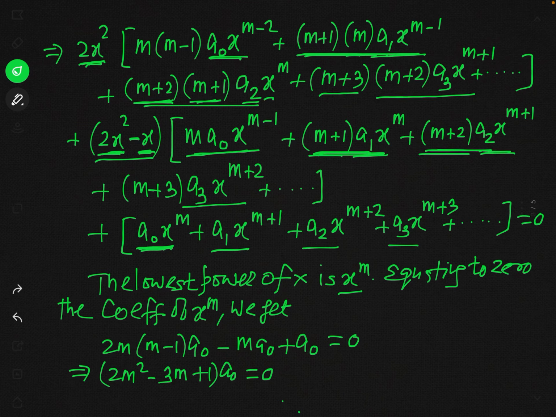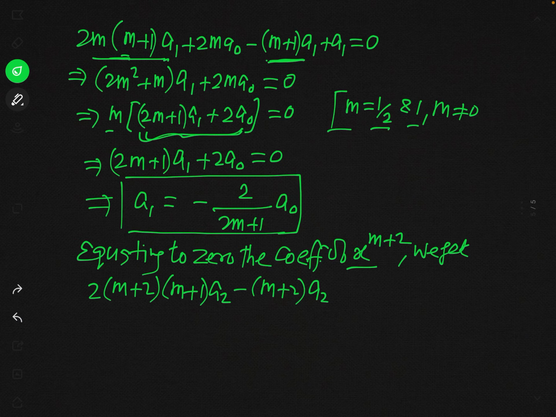Now again we will see here, I have written already 2 into (m plus 2), and when we multiply this (m plus 1) into a1 into x to the power m by this 2x square, then again we will have x to the power m plus 2. So this coefficient will be 2 into (m plus 1) into a1. So now write this.